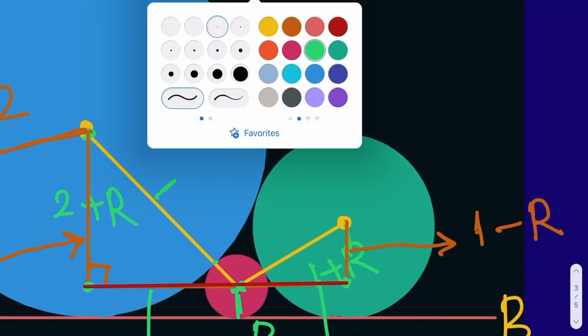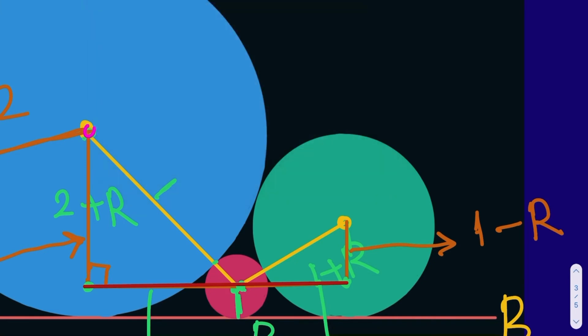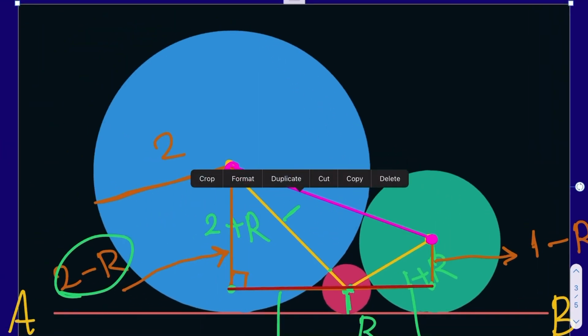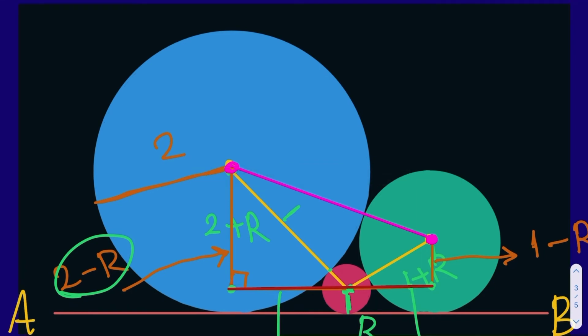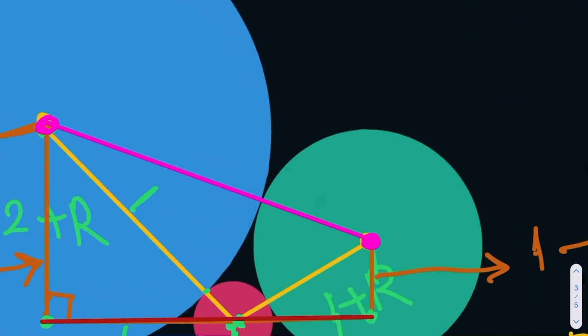One more line I can draw here is the line that connects the center of the blue circle to the center of the green circle. The size of this line is the radius of the blue plus the radius of the green circle, and the magnitude is 3.